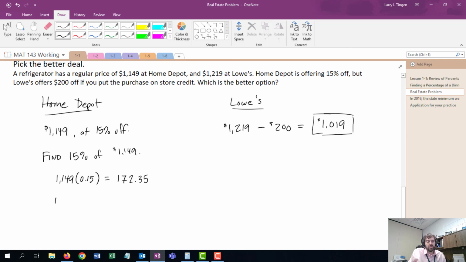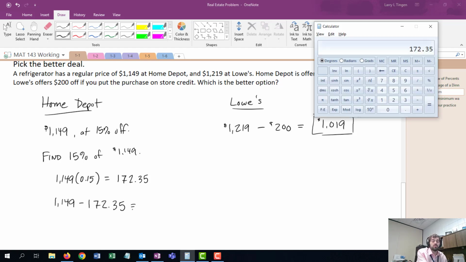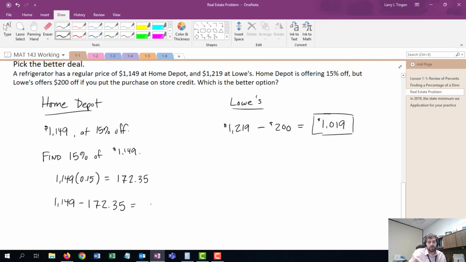So how much am I going to pay? 1,149 minus 172.35. 1149 minus 172.35 is 976.65. So this is what I'm going to pay at Home Depot.